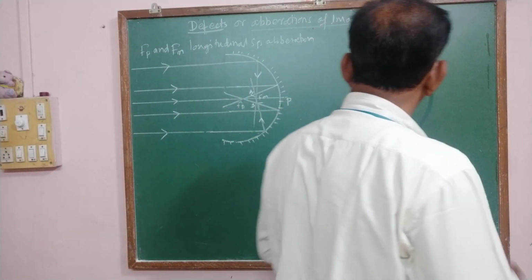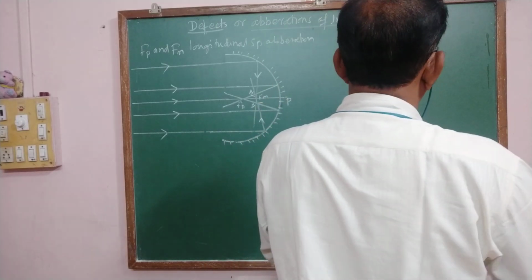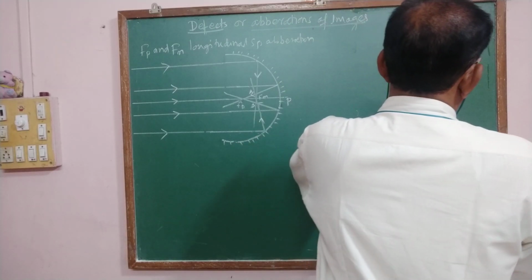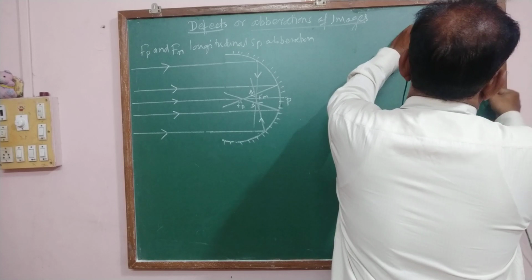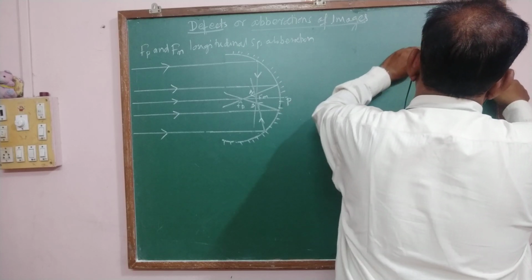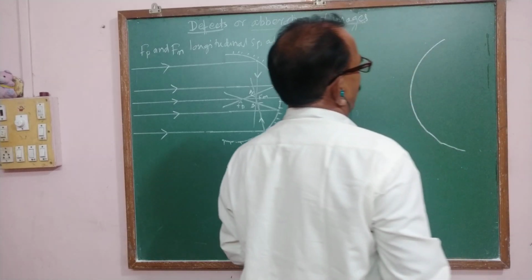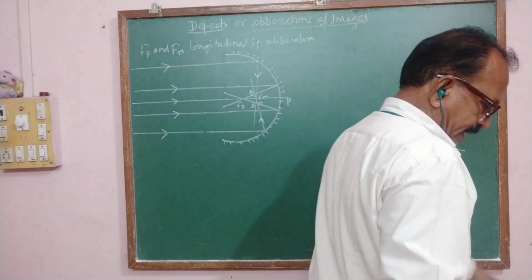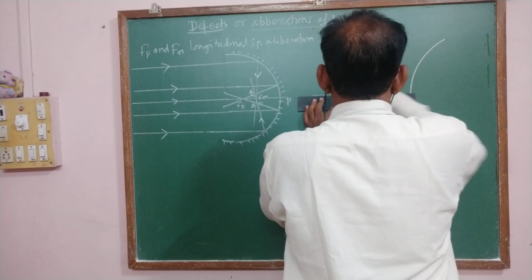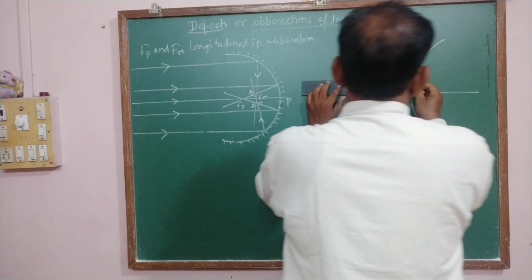For example, if the convex mirror is there like this, this is a convex mirror, and this is the principal axis.